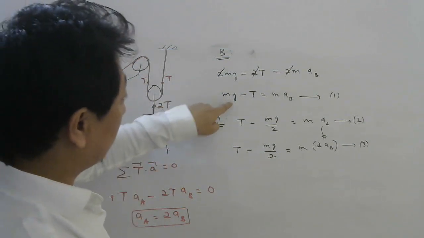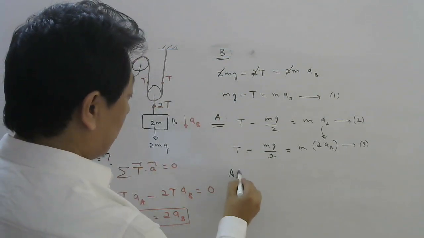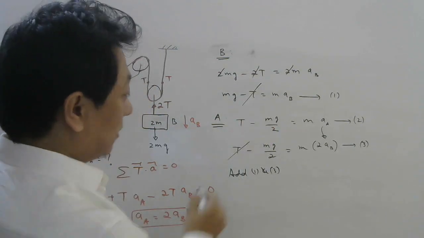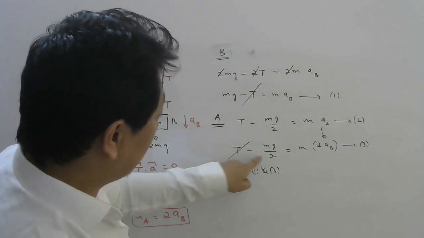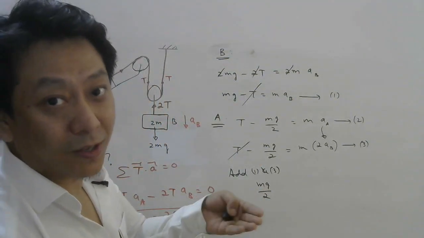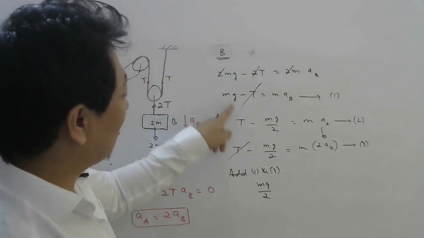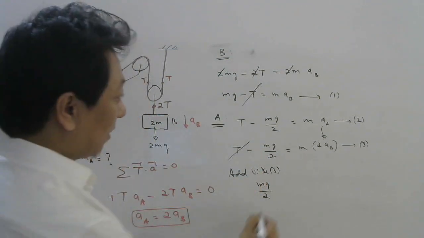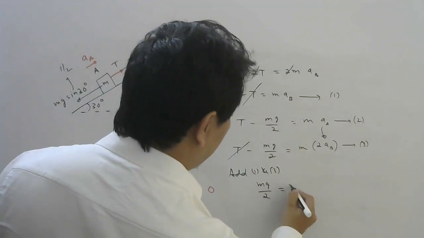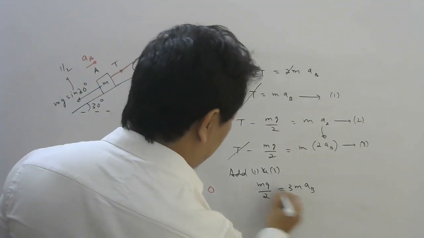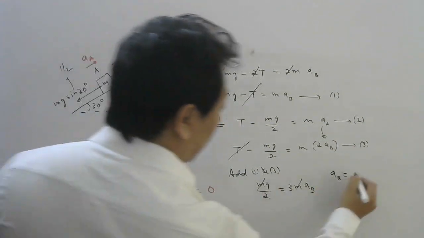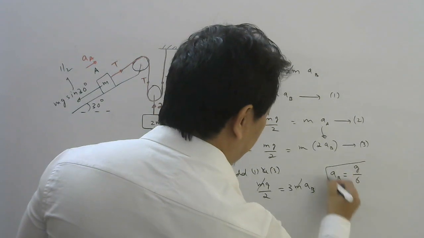Now we can easily solve 1 and 3, right? Add. So if you add 1 and 3, what will you get? Minus T plus T will cancel. mg minus mg by 2 will be mg by 2, right? And here mAB plus 2mAB will be 3mAB. m cancels, so acceleration of B, if you cross multiply, will be g by 6.